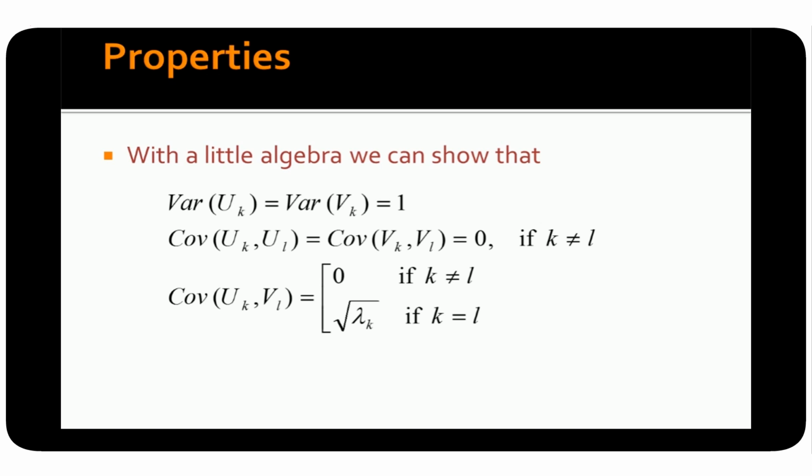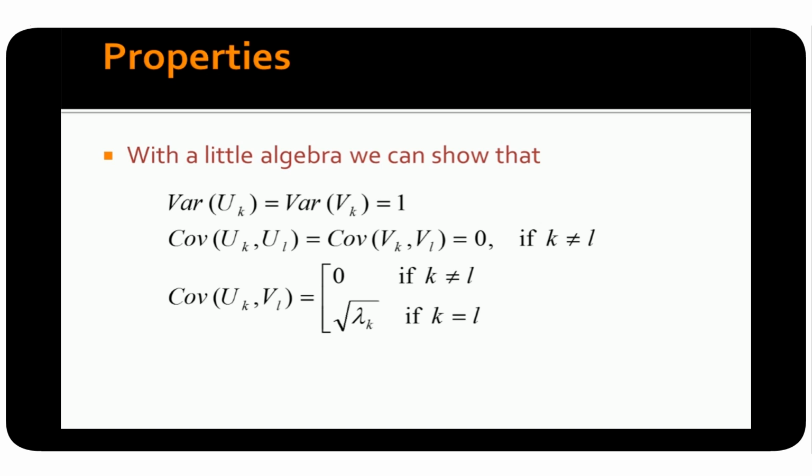Further, any canonical variable from the first set and a canonical variable from the second set, if they are not of the same order, would have a correlation of 0. That means, if k is not equal to l, then the covariance between uk and Vl is going to be 0.